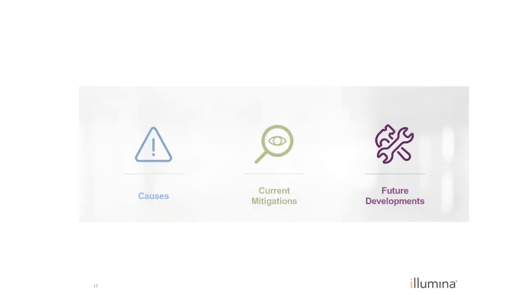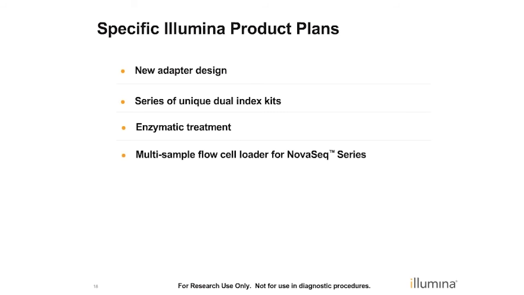Okay, so let me talk now about some of our future developments. We've been studying this phenomenon for many months now, and we've been working on specific new products to address some of these issues, especially as you know, we launched the NovaSeq system earlier this year, which has enormous output and for many applications requires a high level of multiplexing and indexing.